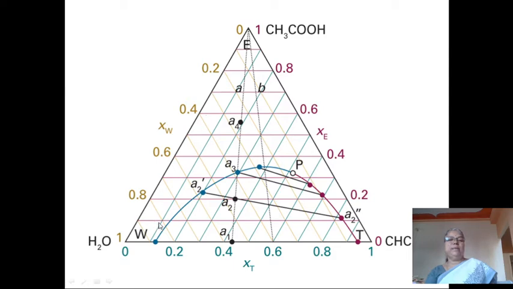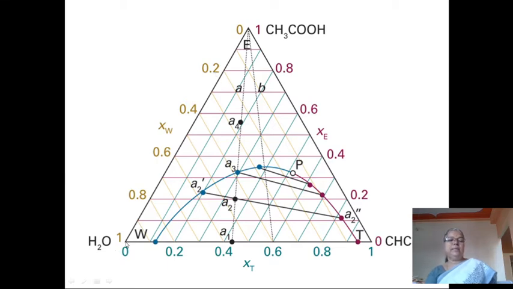This is the phase diagram of water, chloroform and acetic acid. Here at this apex we have acetic acid. That means the composition of acetic acid here is 100%, with 0% H2O and 0% chloroform.